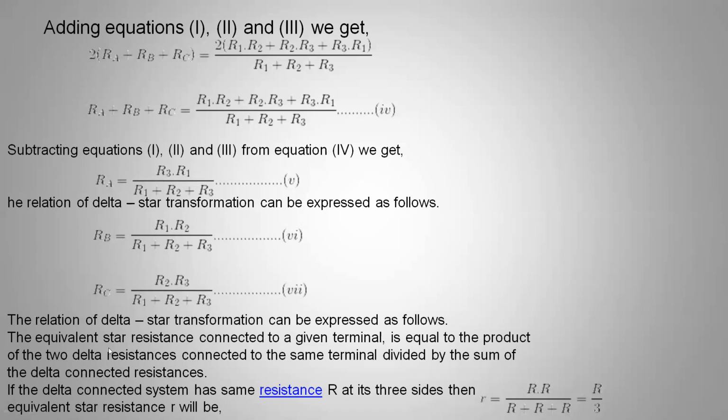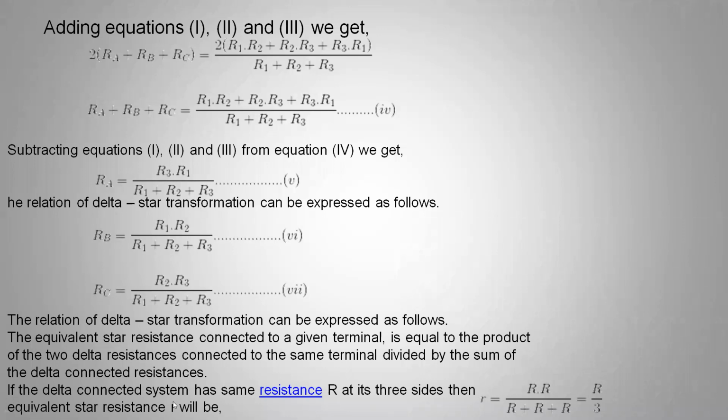The relation of delta to star transformation can be expressed as follows. The equivalent star resistance connected to a given terminal is equal to the product of the two delta resistances connected to the same terminal divided by the sum of the delta connected resistances. So this is how these formulas come about.